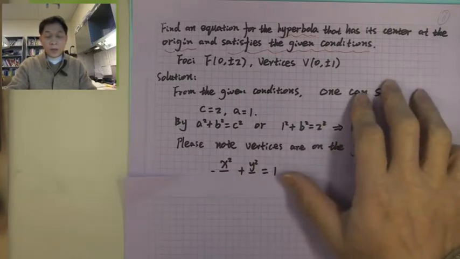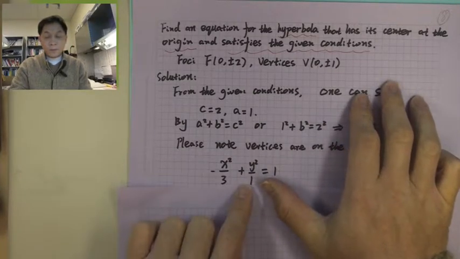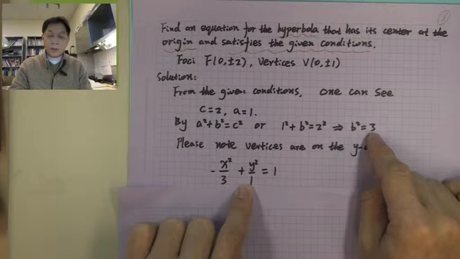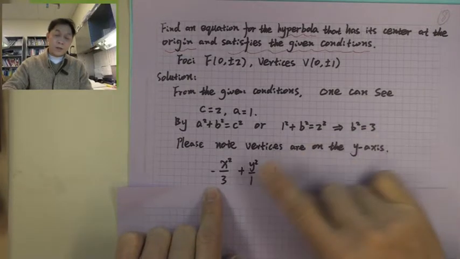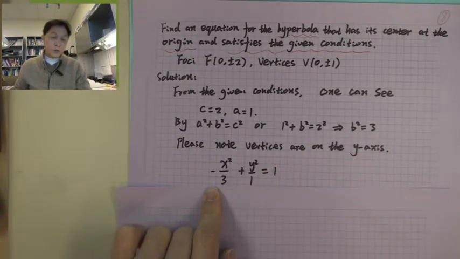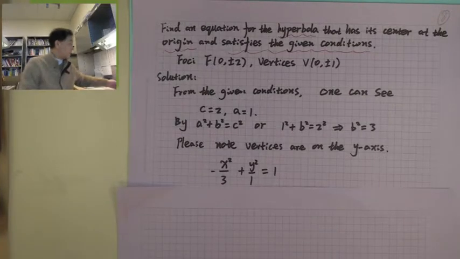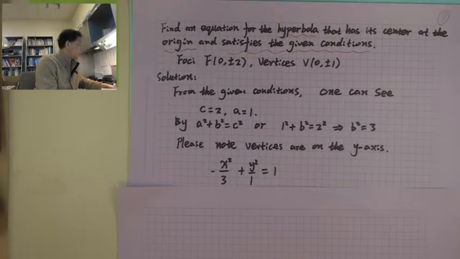So 1 goes down here under y squared, and b squared goes under x squared with the negative sign. That's the final solution, so here we have the answer for the first example.